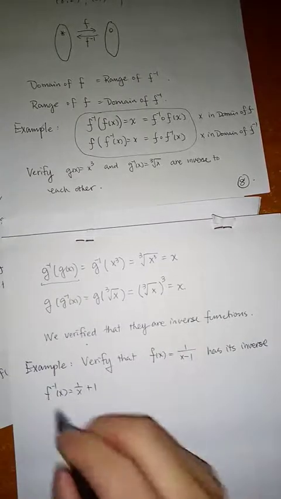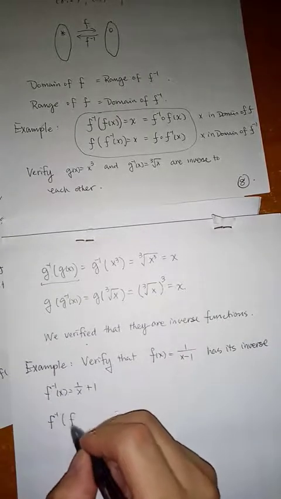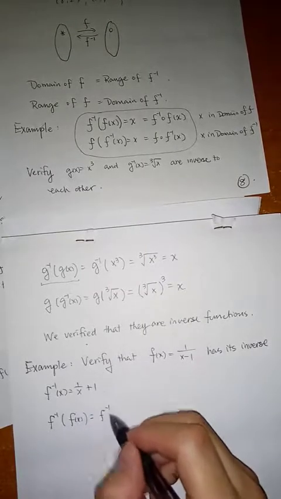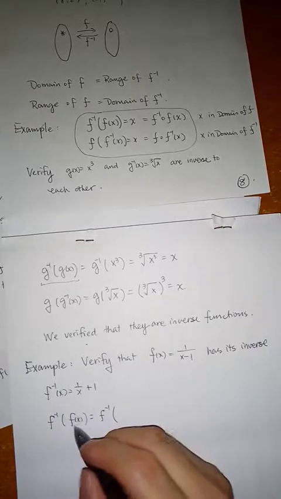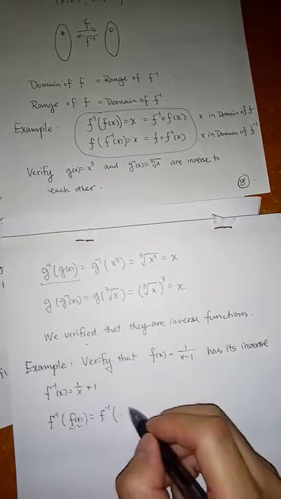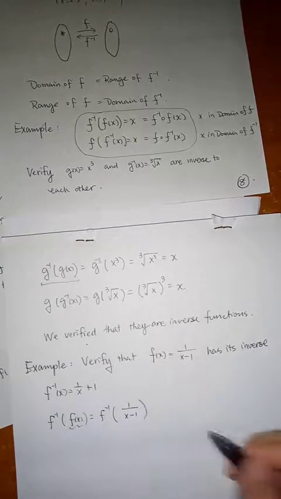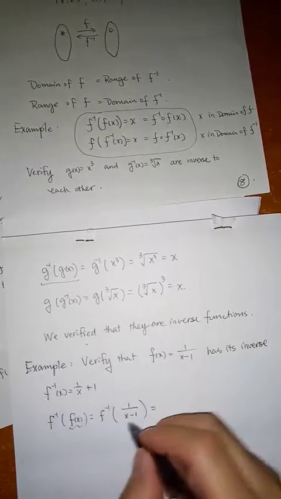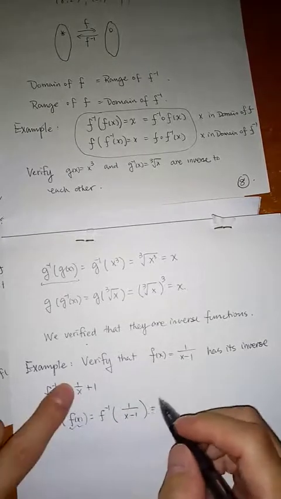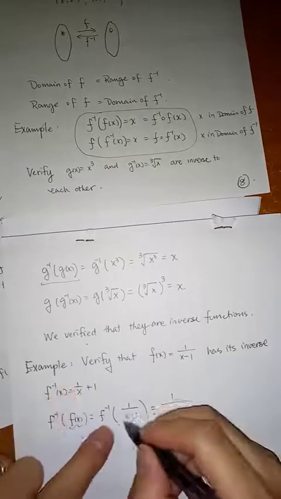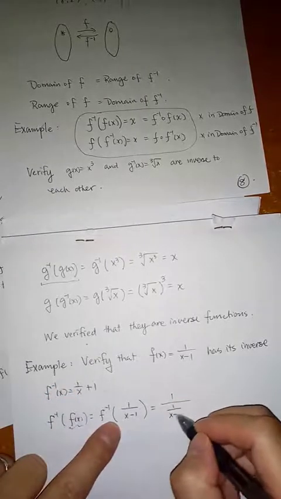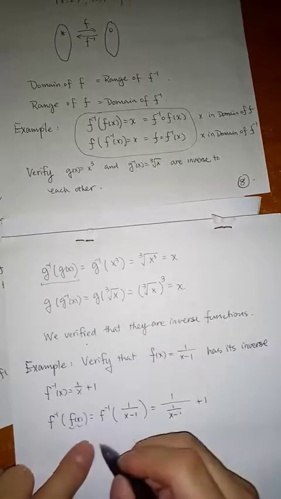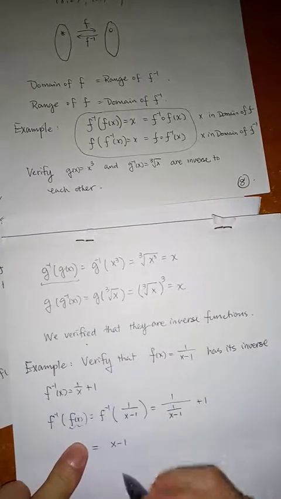So how do we verify it? Do the composite computation. You always first copy the external function, apply the internal function, and then you apply the external function to this internal expression. So 1 over whatever stuff here. 1 over means you flip twice, you're back to x minus 1.